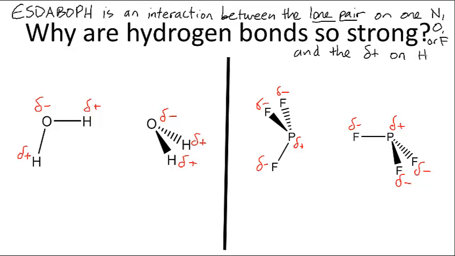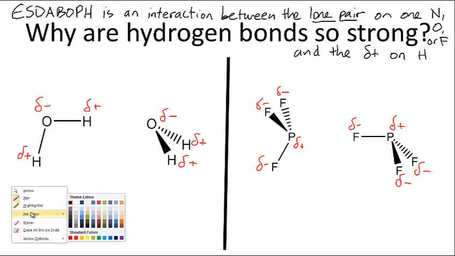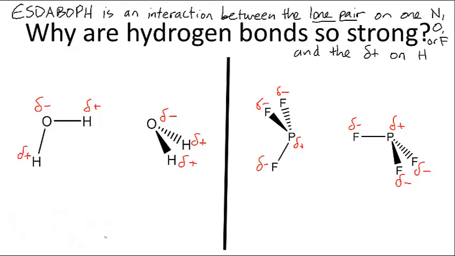So I'm actually going to draw in my lone pairs on my oxygen over here. So this is why I drew this water molecule in the orientation I did. Because the two hydrogens would be pointed down like this so that my lone pairs would go up like this and over like that.